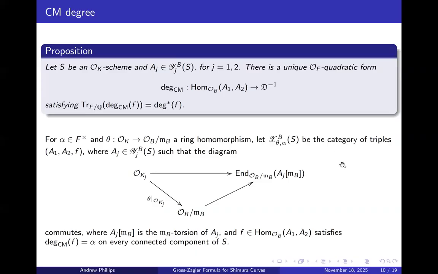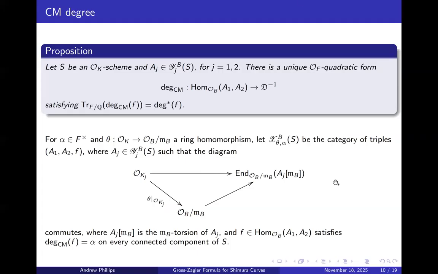Let me just point out that over an algebraically closed field S, this endomorphism ring here is actually isomorphic to OB mod MB. So there's automatically a commutative diagram like this. What I'm doing is just keeping track of how OKJ acts on this MB torsion, through this ring homomorphism theta.